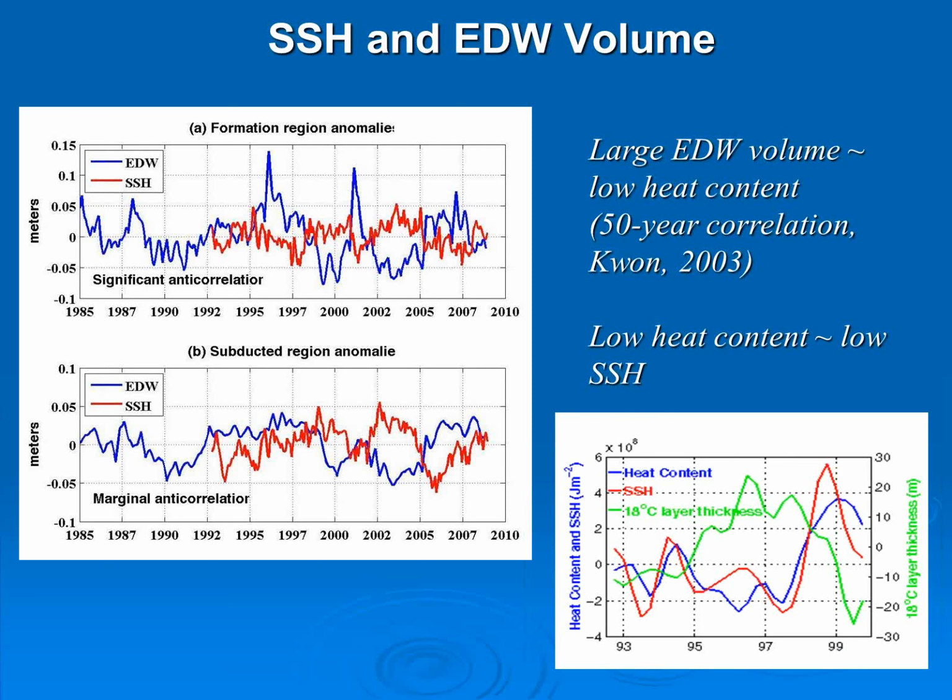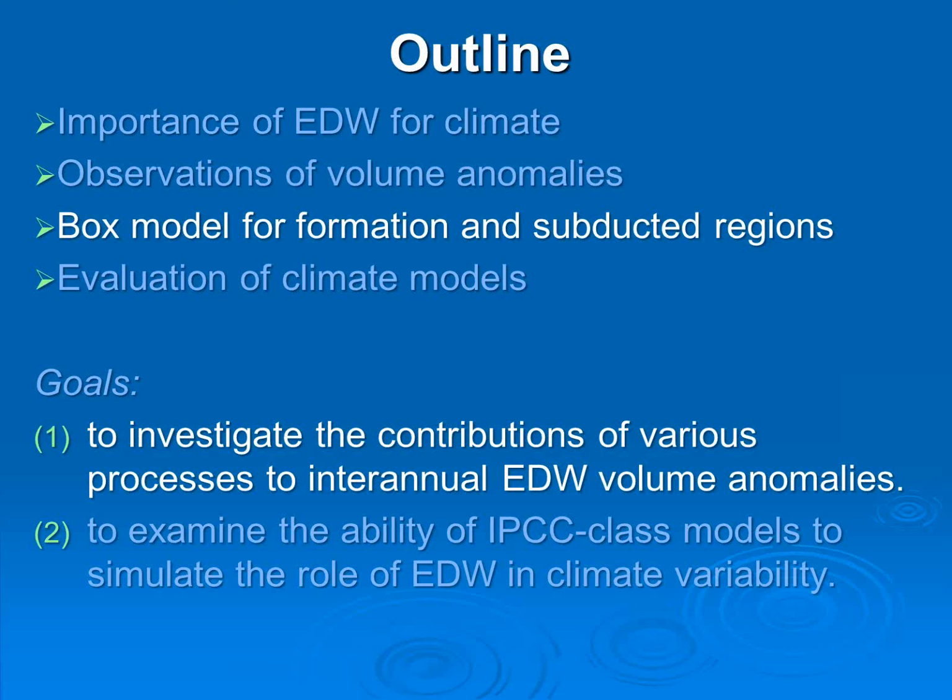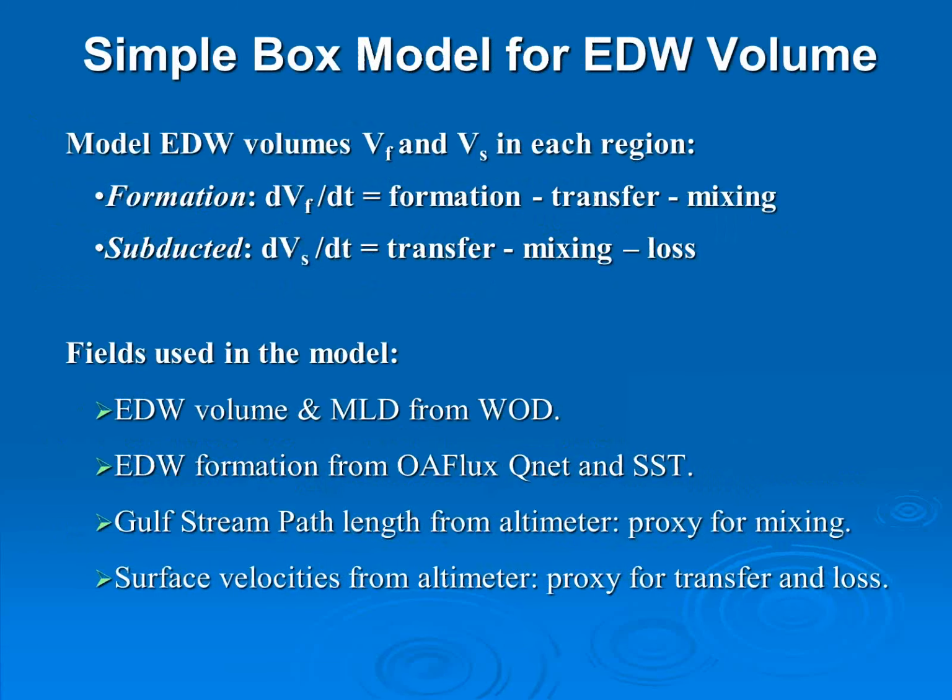So what controls the EDW variability in the two regions? We use a simple box model to look at the different processes. In the simple box model, we model two different regions.